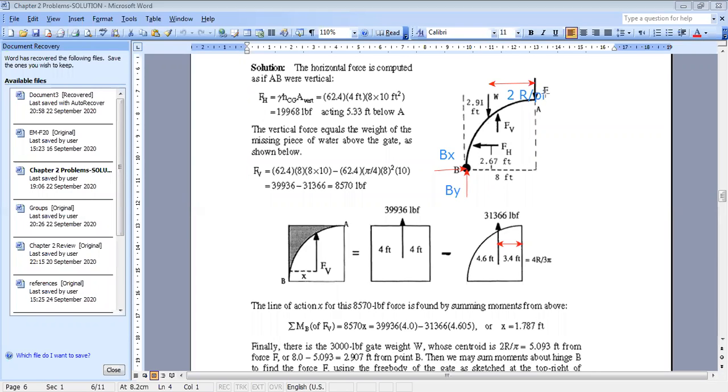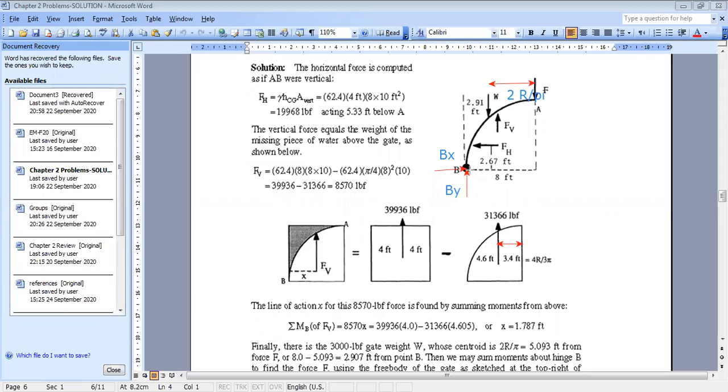So you need to find the location of the centroid of the arc of the circle, which is at 2r over pi. While for the centroid of the quarter circle area, we used 4r over 3 pi.